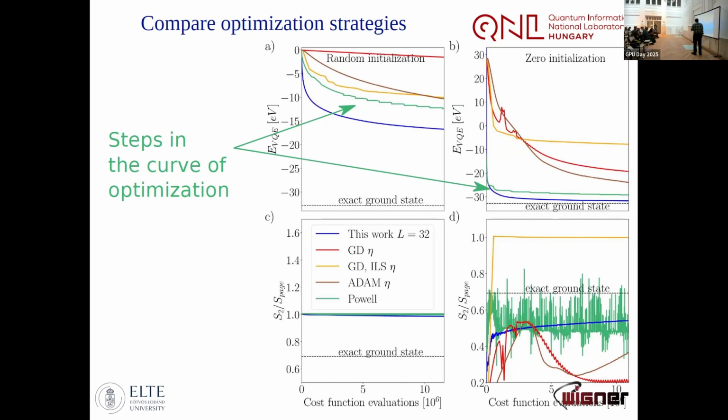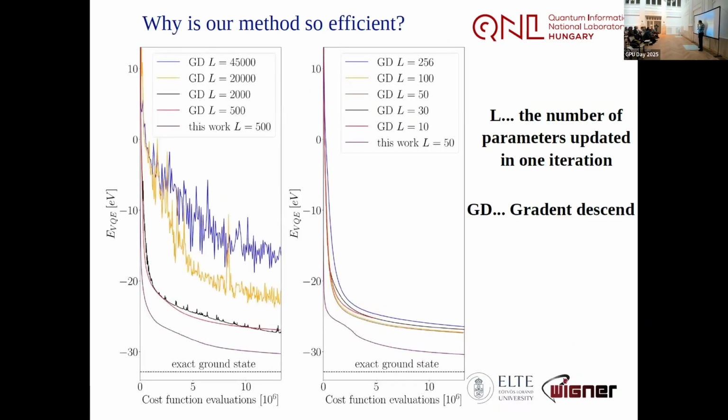So I won't tell you about Pavel's method, which is a gradient-free method and gets pretty close to our method. It has a reason. I don't have time to tell you, but I would like to pinpoint one very strong outcome of this analysis, namely that by limiting the number of parameters updated in each iteration, you are basically limiting the concurrency in your training.